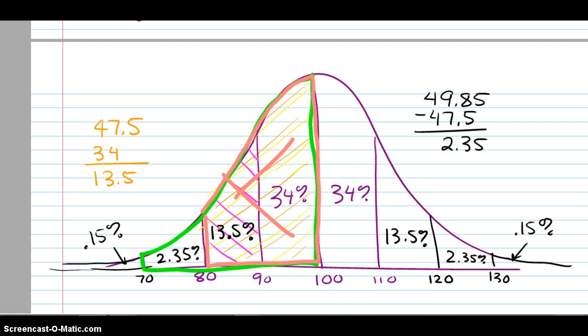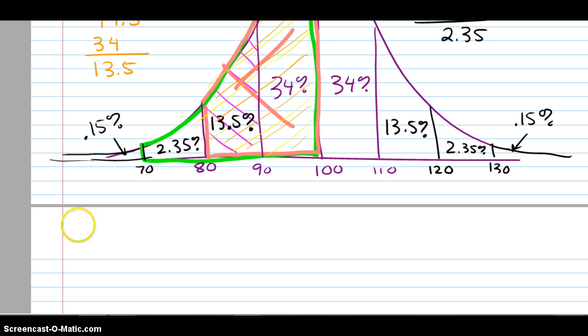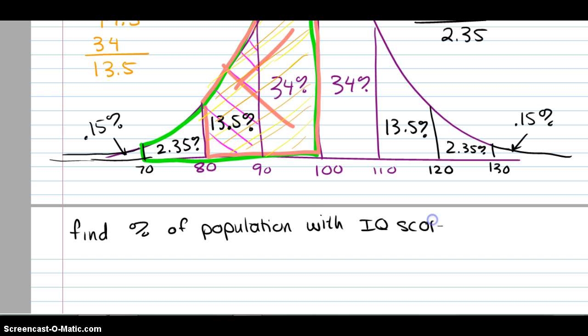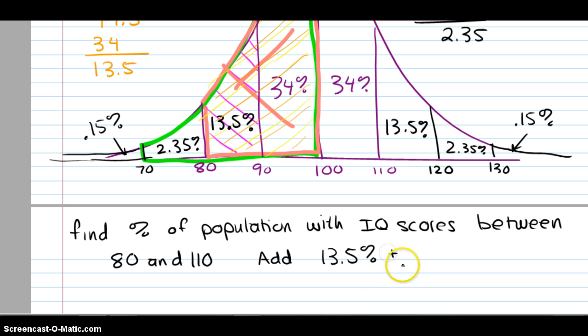If I wanted to find the percentage of population with IQ scores between 80 and 110, there are several ways to go about it, but the brute force method would be to add the 80 to 90 chunk plus the 90 to 100 chunk plus the 100 to 110 chunk.